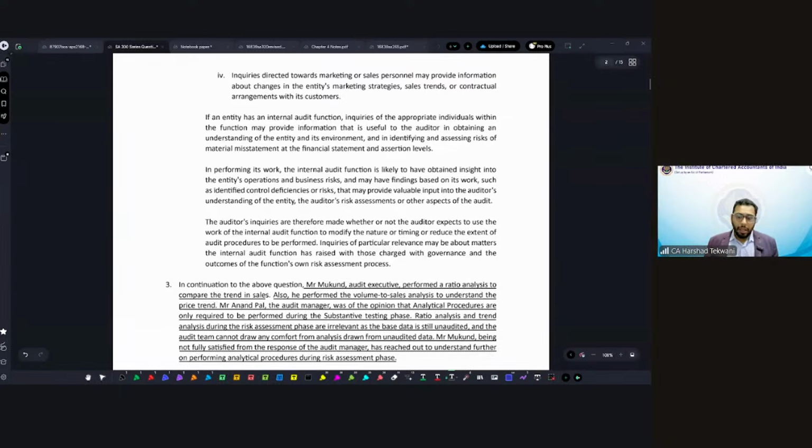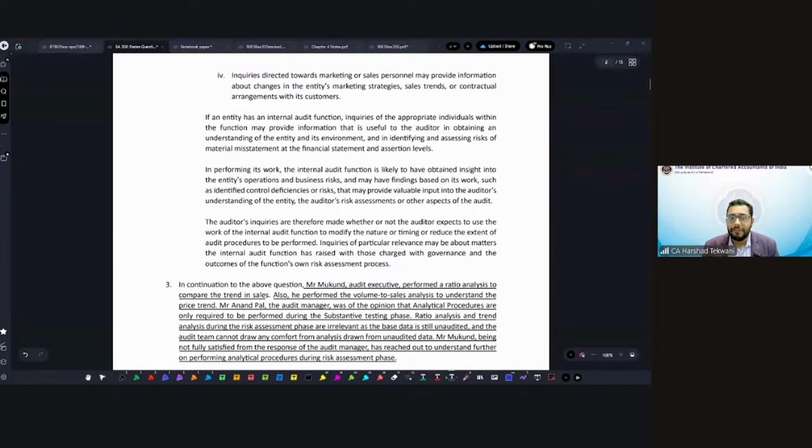Now tell me, do you think it will create any issue if the data is still unaudited and the base data that I'm taking for the analytical procedures is kind of unaudited raw data? Do you think it will help me to derive a comfort, or it will help me to derive some trend from that base data which is still not audited?